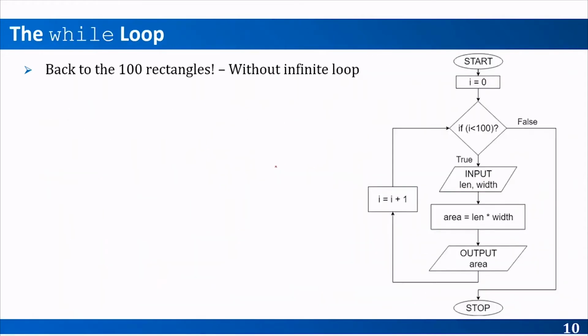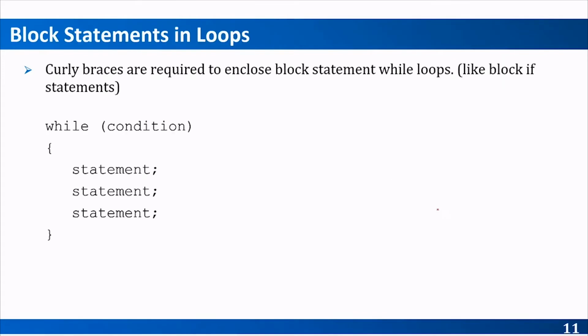The last thing here is that, okay, so now let's fix that. Here i is equal to 0, we are executing, and then the fix is that on your way back to check the condition, increment i by 1. So that is your solution to make that loop not infinite.